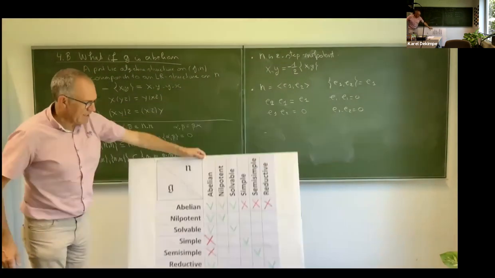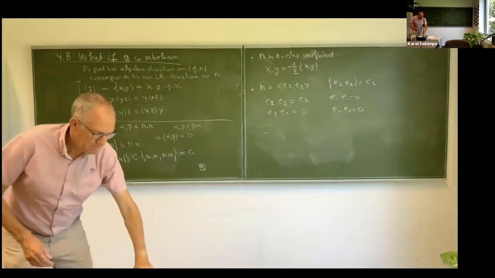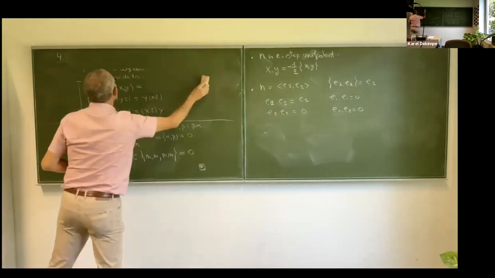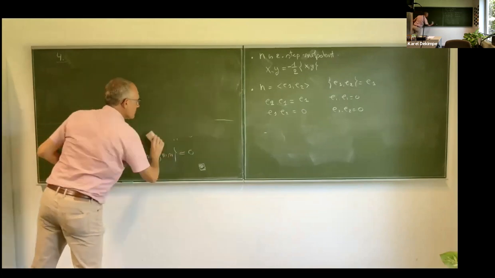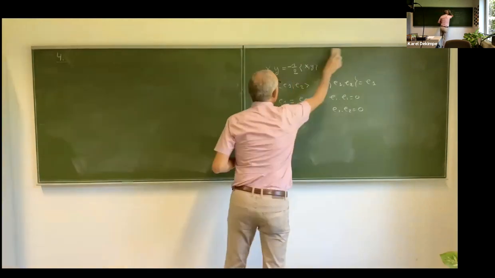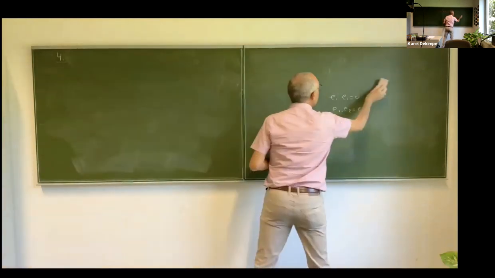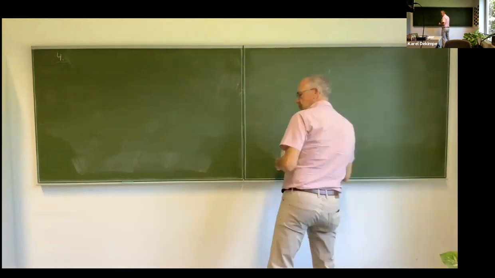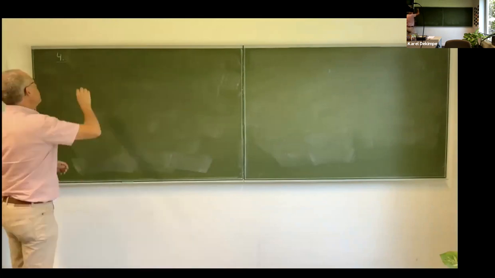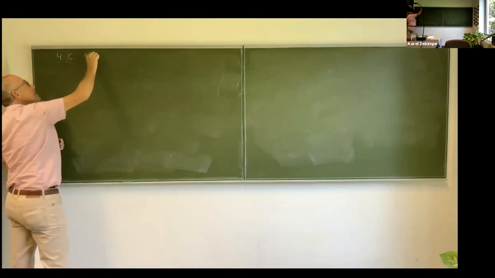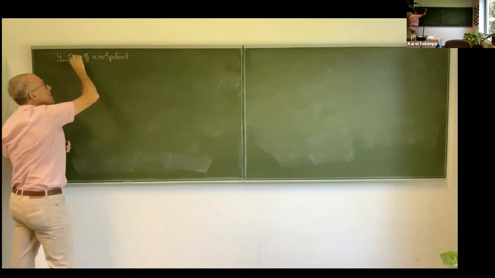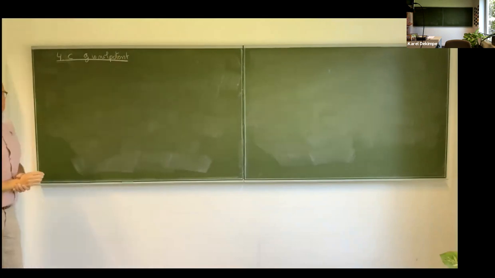So what about the case that G is nilpotent? This is C. G is nilpotent Lie algebra.